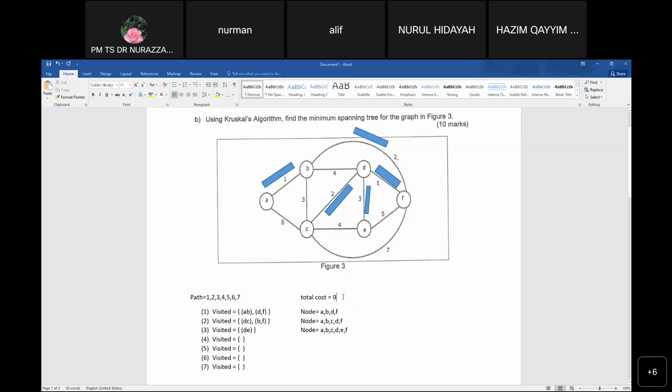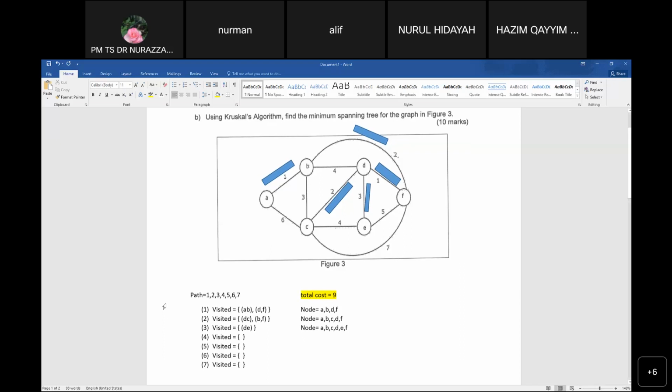So what is the total? 10? Oh, that is 9. 1, 2, 2 plus 2 is 4, 4 plus 2 is 6, plus 3. Oh, 9, okay, that's good. So the total cost is 9.